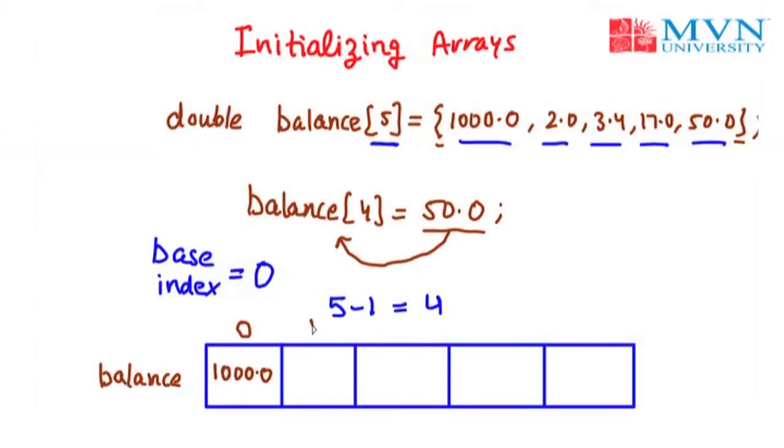The second element, with the index 1, is 2.0. With the index 2, the third element is 3.4. The third index, that means the fourth element, has the value 7.0, and the last element, with the index 4, has the value 50.0. So this is how an array is initialized.